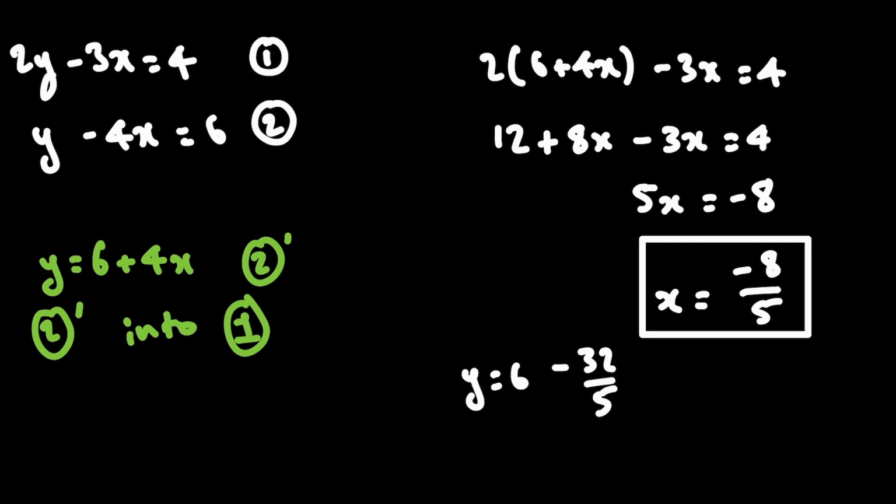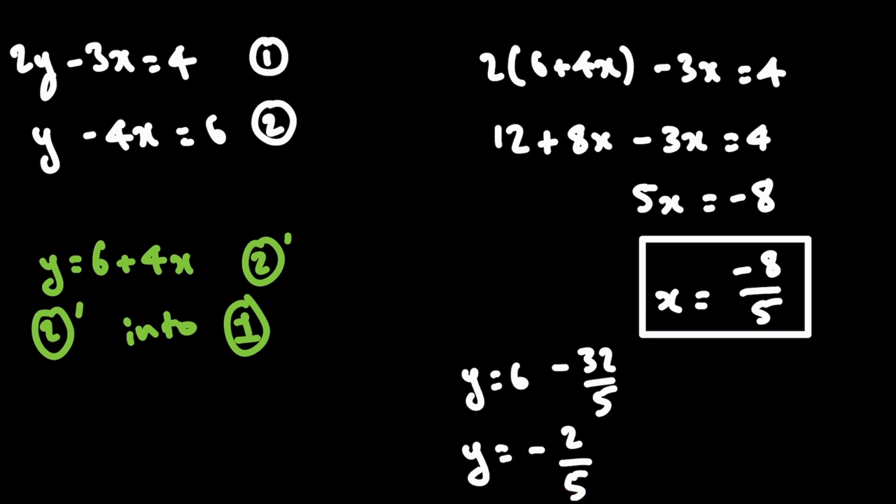And using this, I can say that y is the same as minus 2 over 5. The way I did that really quick was 6 is the same thing as 30 divided by 5. And 30 divided by 5 minus 32 divided by 5 is simply minus 2 over 5.